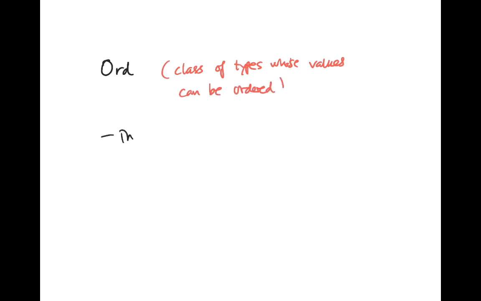It includes, among other things, the type Int and the type Char. There are many more, and all of these can be ordered with respect to an ordering relation which we denote by less than.